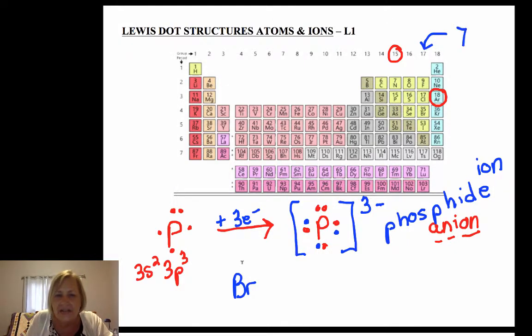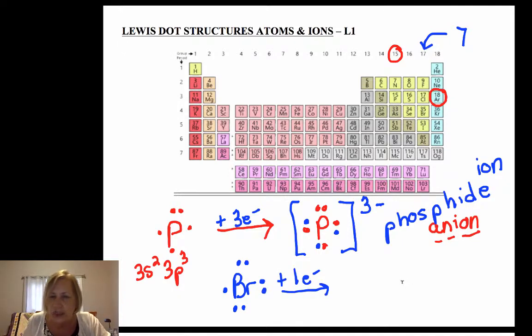It has 7 valence electrons. 1, 2, 3, 4. Don't pair till you have to. So that is the bromine. It can gain 1 electron to be just like the next noble gas. This is what it looked like before.